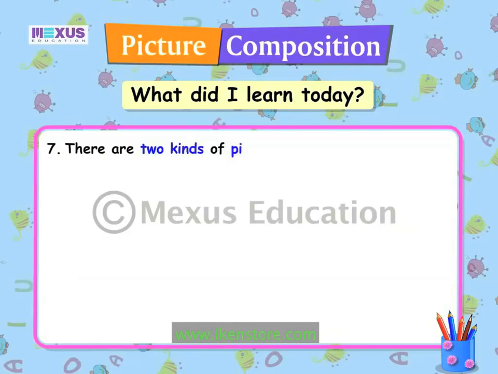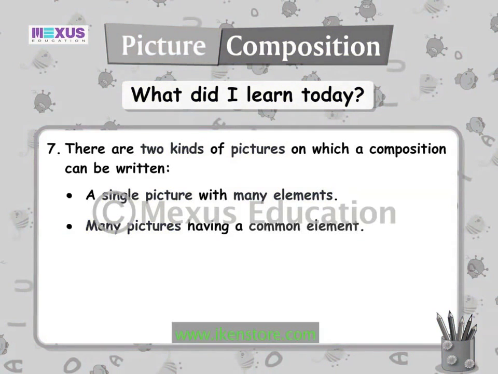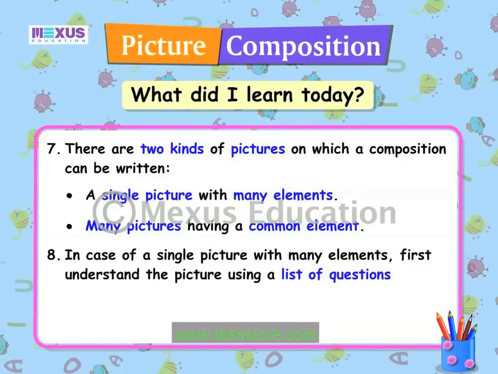There are two kinds of pictures on which a composition can be written. A single picture with many elements, many pictures having a common element. In case of a single picture with many elements, first understand the picture using a list of questions and answers.